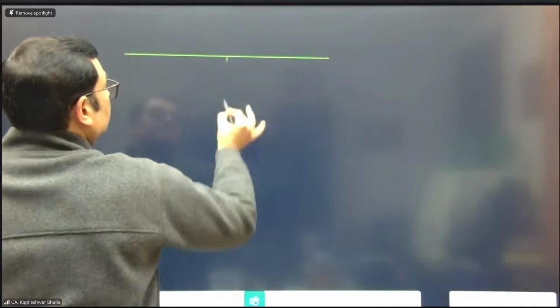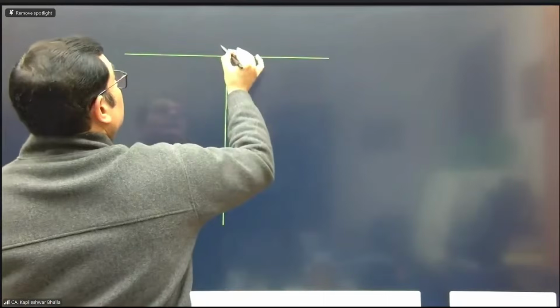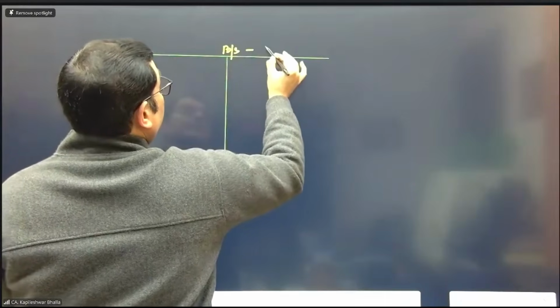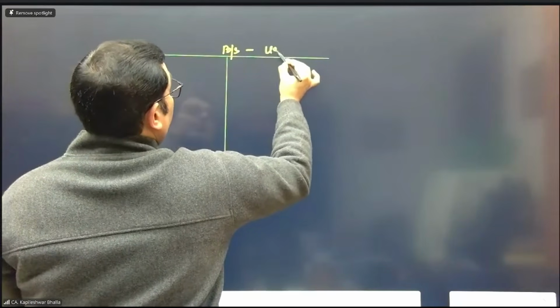Let's first of all visualize something. I'm looking at the balance sheet of the parent company, that is Usha.